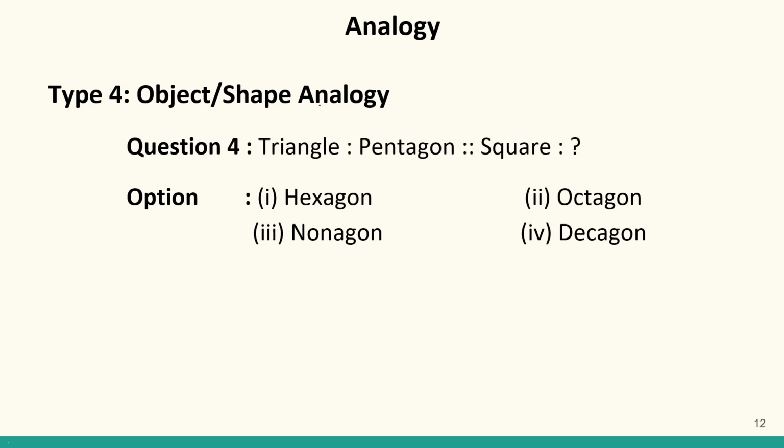Now, similarly, let us look at this question. Somehow triangle is related to pentagon and we have to find out how square is related to this missing element. Again, let me write the number of sides. How many sides are there in a triangle? We have 3.